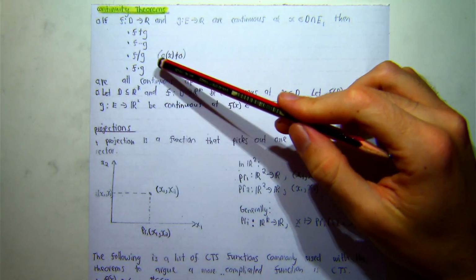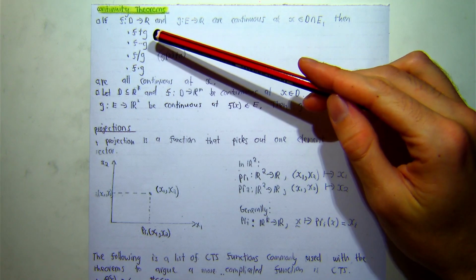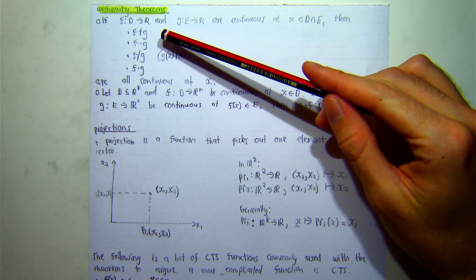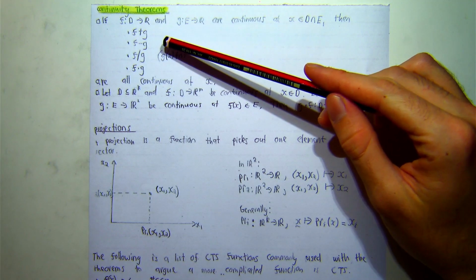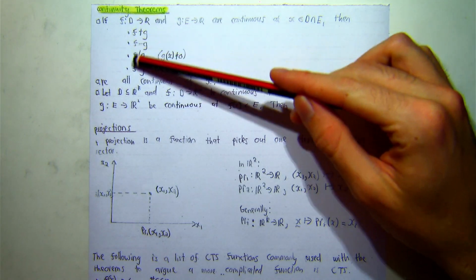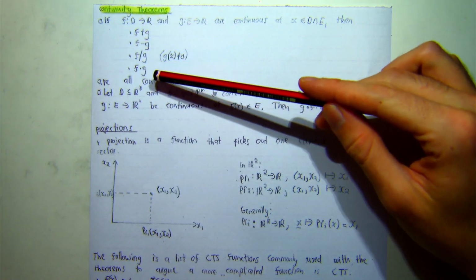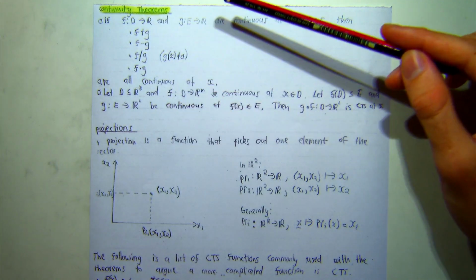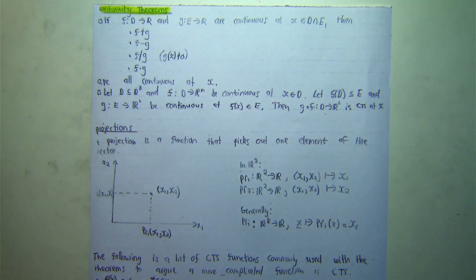So this is actually really helpful because if you know that a simple function is continuous, you can then transform it using these transformations and know for a fact that that transformation is also continuous. So for example, you might want to prove x to the power of 5 is continuous.